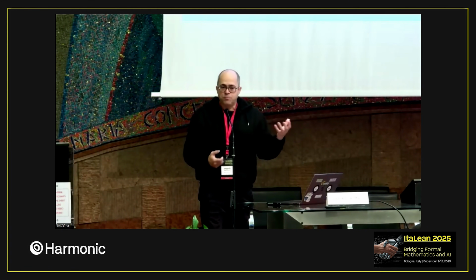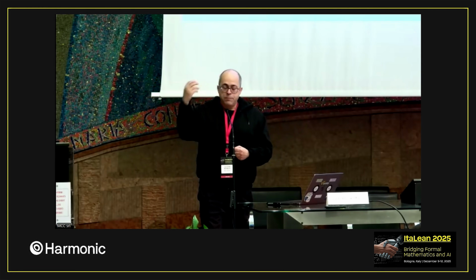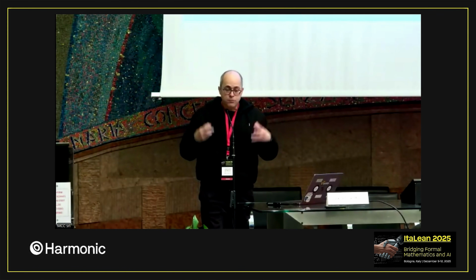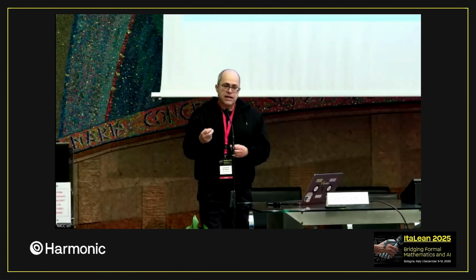Otherwise, we have to support projects like those of people doing Lean teams like Kevin Buzzard. Mochizuki wants to do the ABC conjecture in Lean, right? There are people trying to do hardware verification, software verification, projects that will have a huge impact. We have to prioritize these projects, because we see the impact they will have.